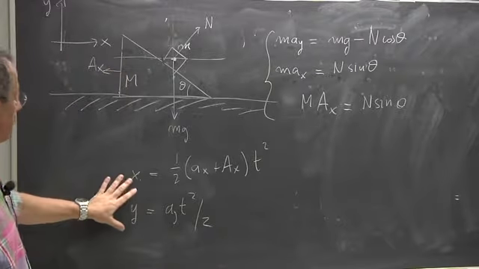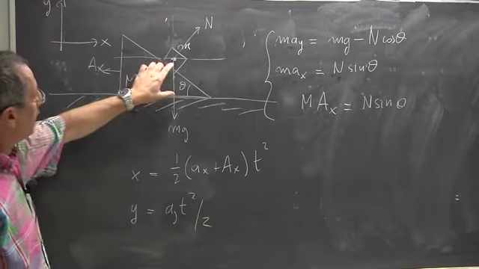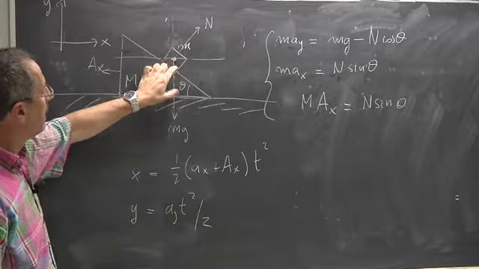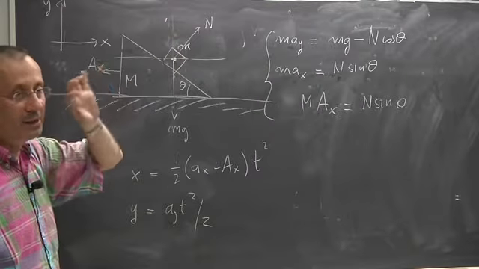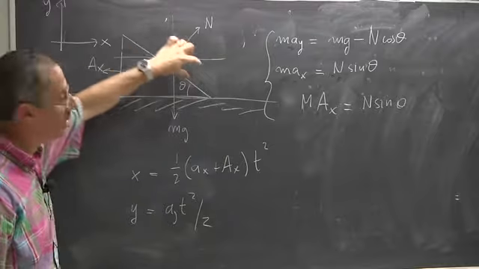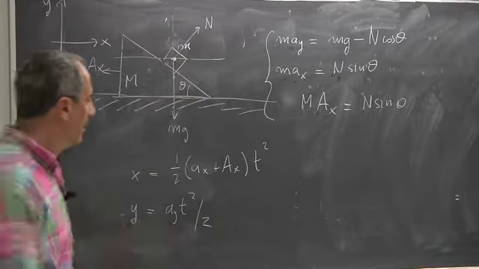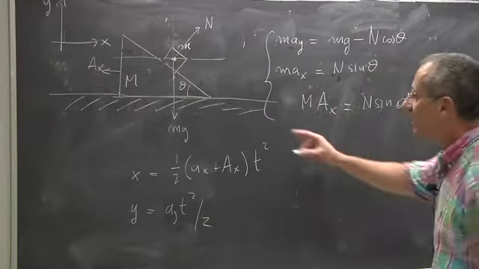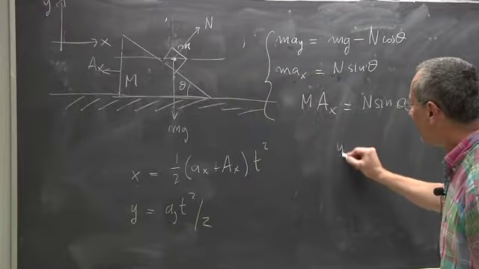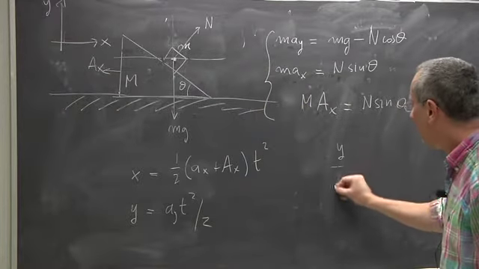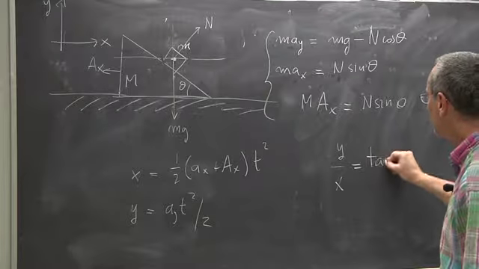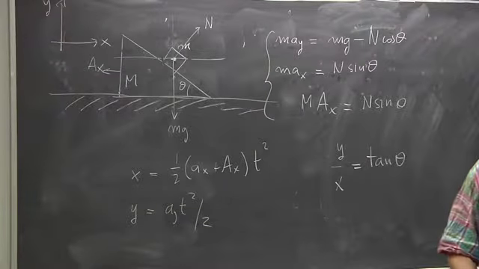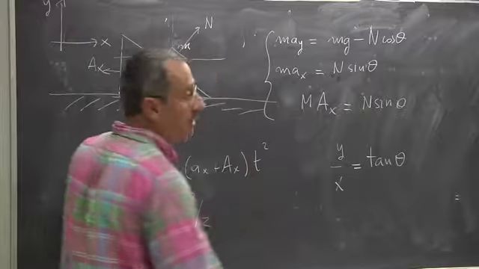Now, this is true, but I can also implement the constraint that this mass, whatever it is doing, must stay on this plane. And how do I do that? Well, to stay there means that y over x must be equal to the tangent of theta, because of trigonometry.